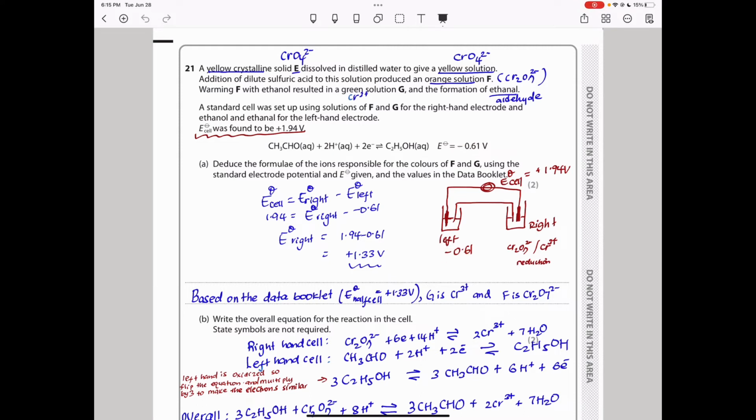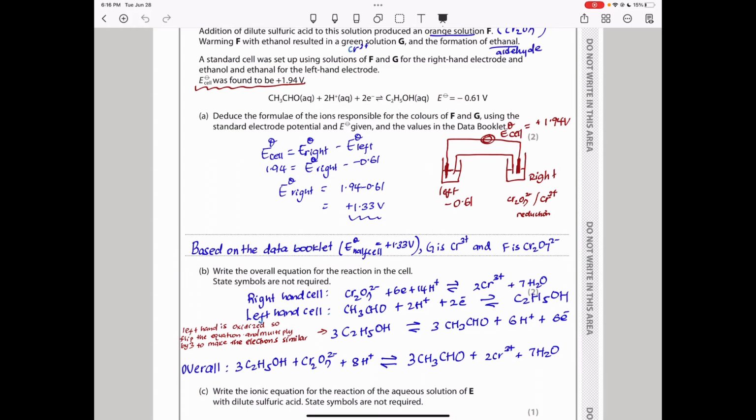So calculating, the E theta cell should be the E theta right minus E theta left. Since we do not have this, but we have that, you can calculate the E theta right, which is 1.94 minus this one. Remember, this is going to become positive. You take it to the other side, it becomes a negative, and the value is going to be this. So this is going to be the E theta for the right half cell. You can see that.